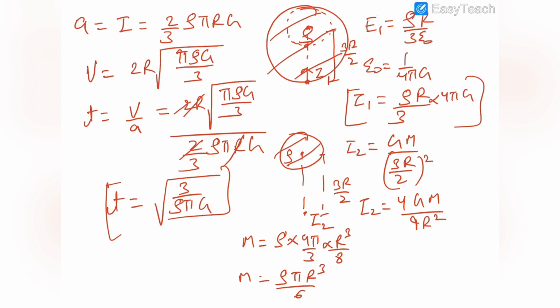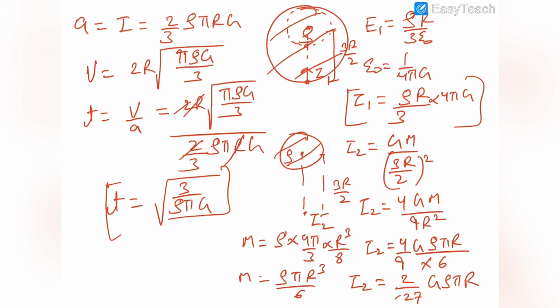Okay. So if I substitute this value here, this is 4 by 9 g into rho pi r cube by 6. What I have done is cancelled out r square with r cube. This is 6, this is rho pi, and this is 4 by 9. So I2 is equal to, cancelling this 4 with 6, 2 by 27 g into rho pi r, and I1 was this.